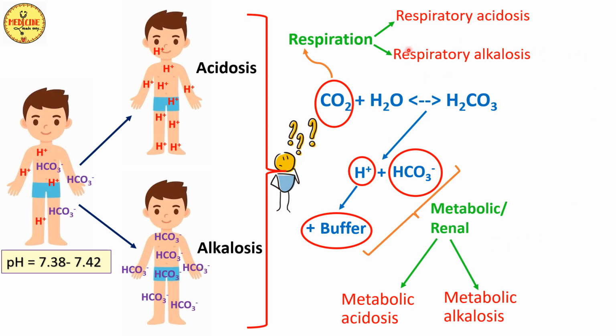You will have a compensatory mechanism initiated by your kidneys, known as metabolic compensation. The opposite happens when you have a problem with your kidney, or a metabolic acidosis or alkalosis. Now the lungs would come to save the kidneys and our body. So you will have a respiratory compensation.